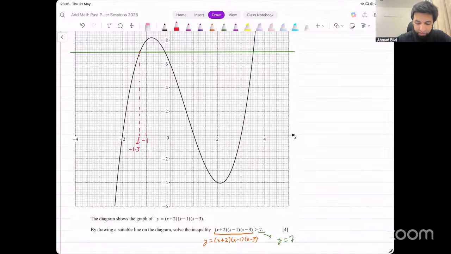Mark the points of intersection. These will be the solutions of the equation. If this was equal to 7, we would have these solutions. Let's mark them, and then we will think about the inequality after that. Another point of intersection that we're getting here is -0.2. This is another point of intersection. And another point of intersection is here, which is almost at this line.